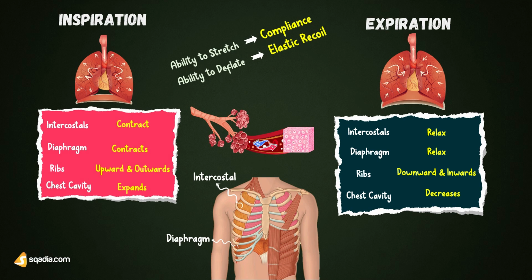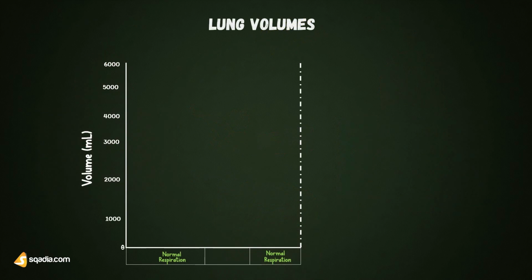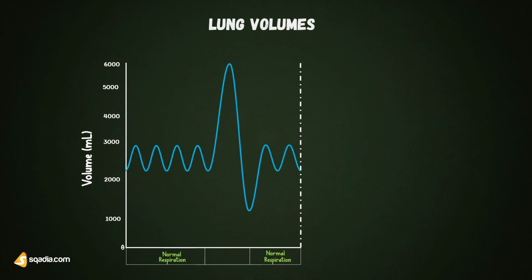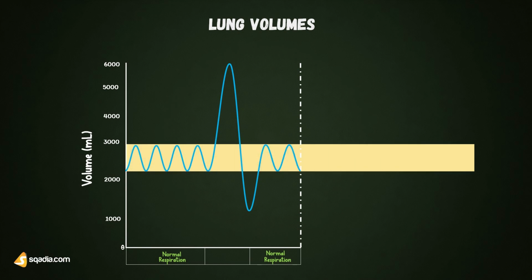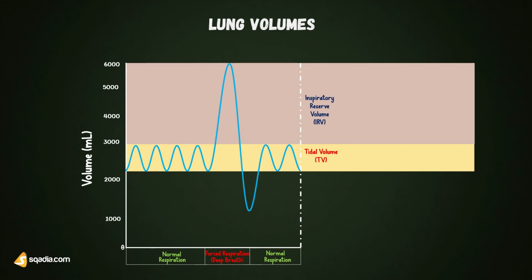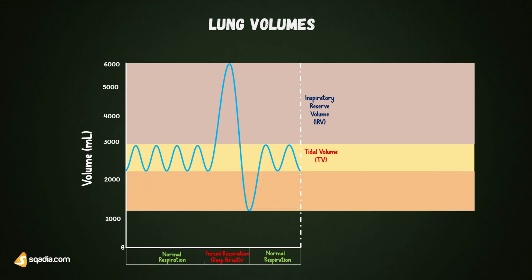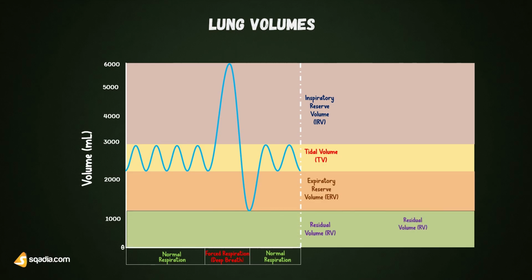Now, to measure lung function, we use different lung volumes. The amount of air you inhale and exhale during quiet breathing is known as tidal volume, while the amount of air inhaled during forced inspiration after the normal inspiration is inspiratory reserve volume, and the amount of air exhaled during forced expiration after the normal expiration is expiratory reserve volume, while the amount of air left even after maximum expiration is the residual volume.